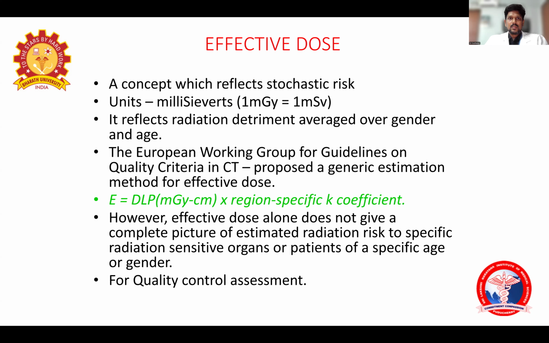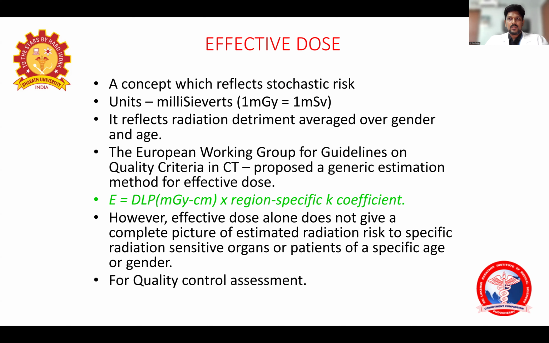What is effective dose? That is a concept which reflects the stochastic risk. Its unit is the millisievert. It reflects radiation detriment averaged over gender and age. The European Working Group on Guidelines on Quality Criteria in CT proposed a generic estimation method for effective dose.